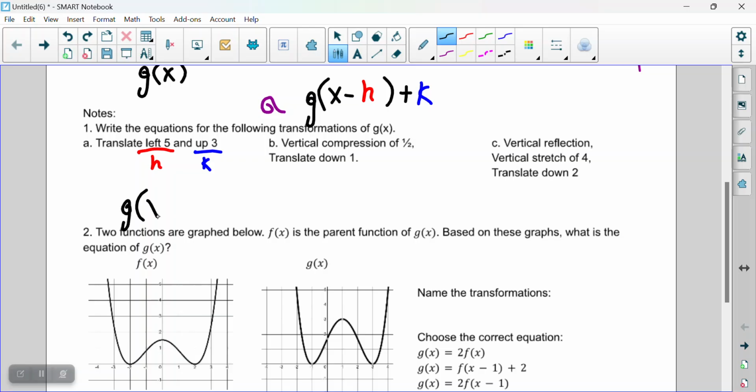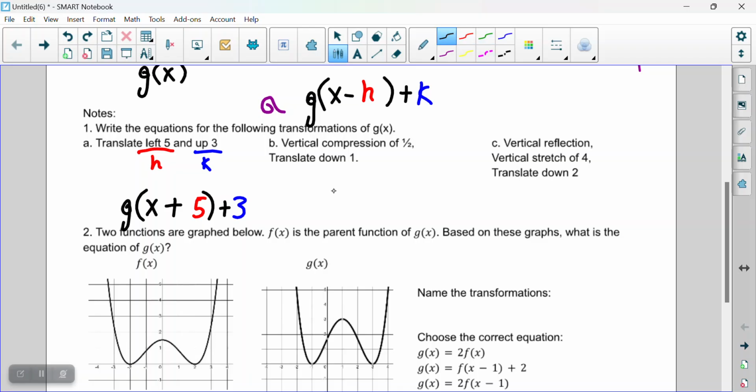G of x minus left 5 would be a minus 5 plus 3. Here's the thing though. What's a minus minus do? I see a minus minus here. Minus minus. That's going to make this plus. So it'll look like plus 5 to go to the left because there's a minus minus in there.